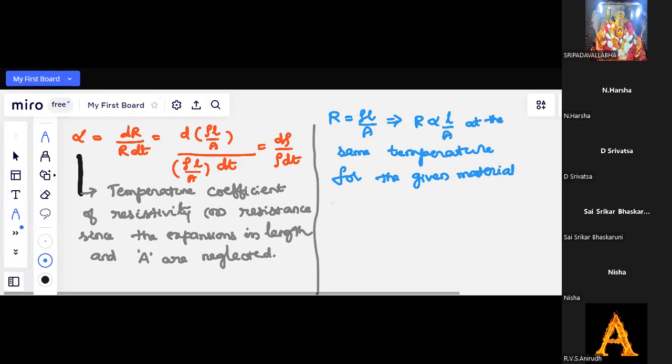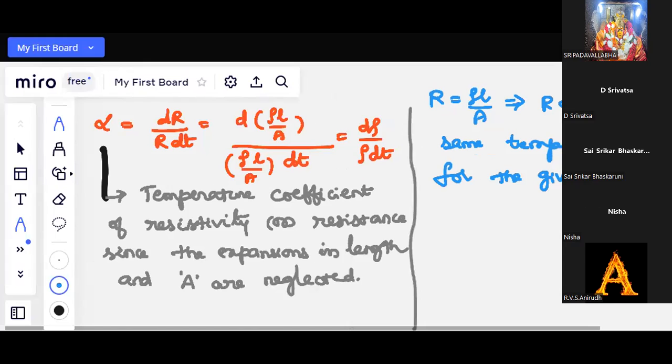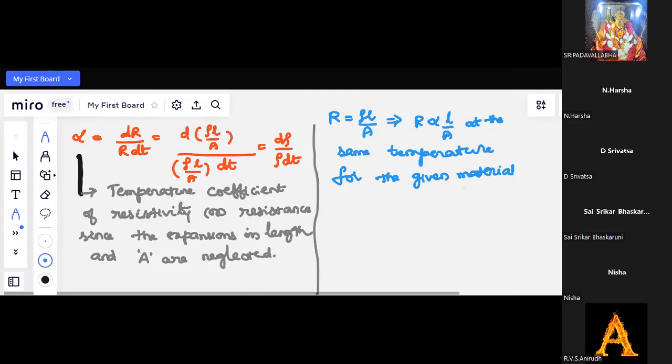So here what I say, if I change only the length, then I write R is directly proportional to L if A is constant. Without changing the area, how can you change the length, sir? Simple.